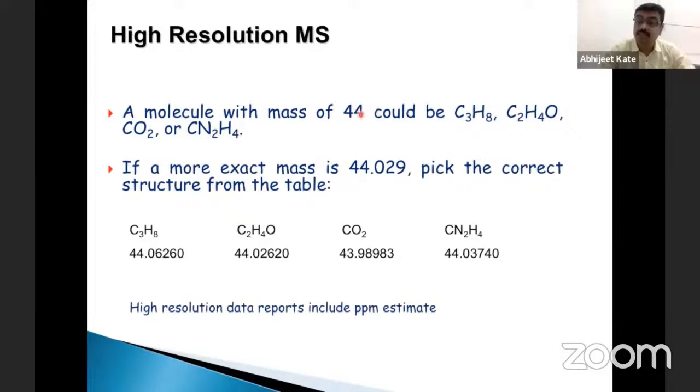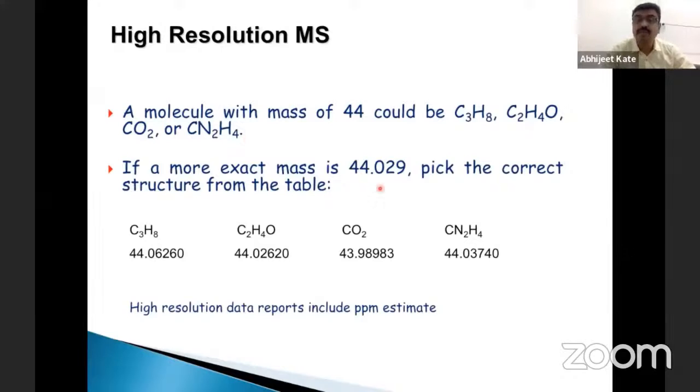Same applies to this also. So you see that if you find out with our mass type that my compound has mass 44, there are so many molecules possible. You cannot de-replicate or identify like this.